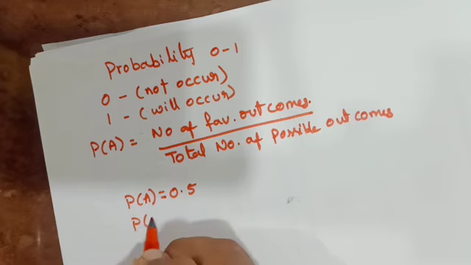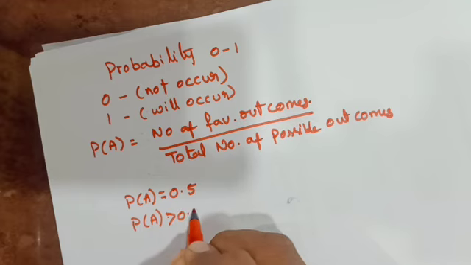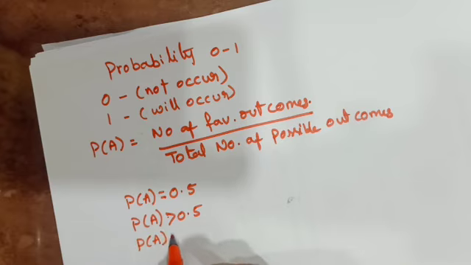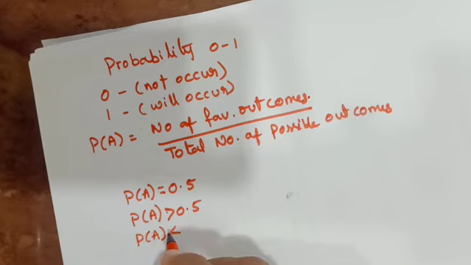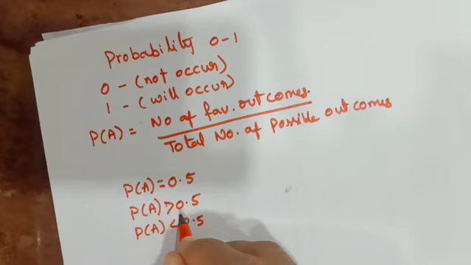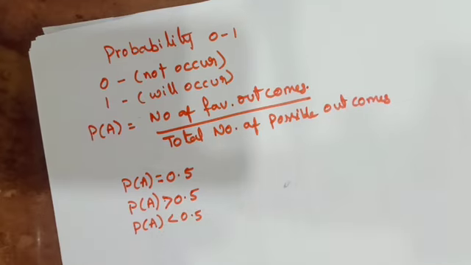Suppose the probability of event A is greater than 0.5, then the event is more likely to occur than not. If the probability of event A is less than 0.5, then we say that the event is less likely to occur. So these things you need to keep in mind before understanding the probability concept.